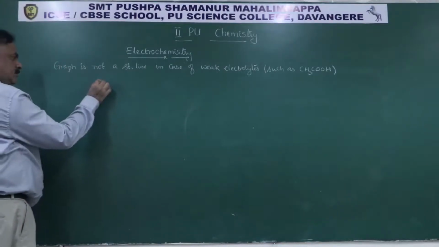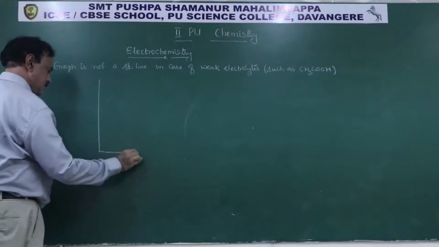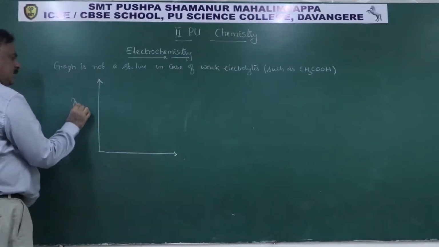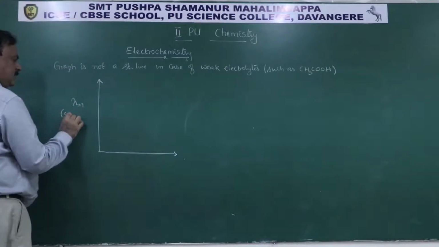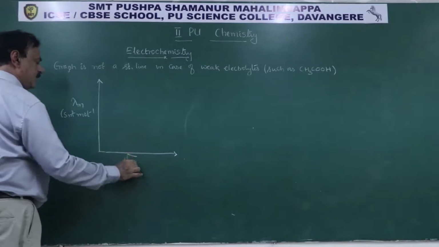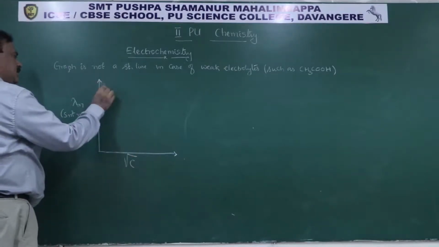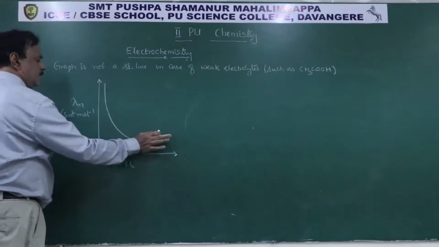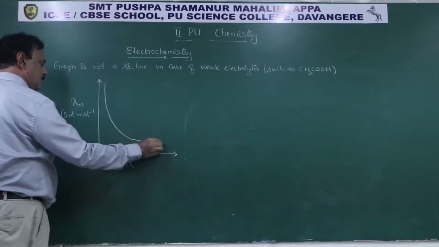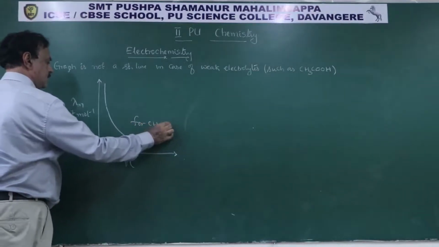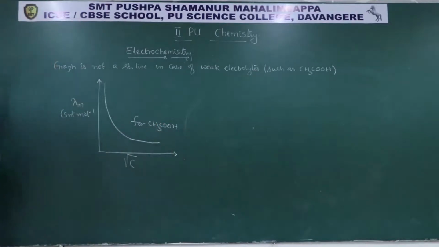Here is lambda m in Siemens square meter per mole, against the square root of C. Here the graph is like this. This is for acetic acid.